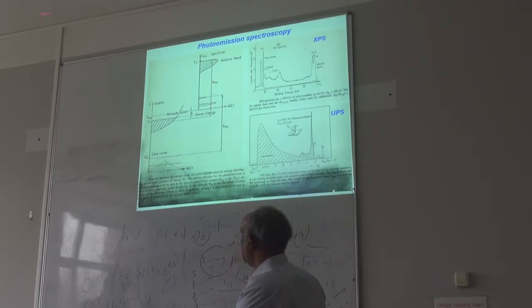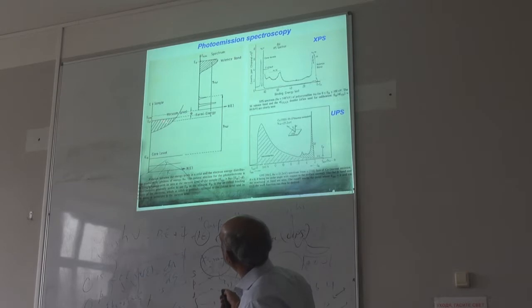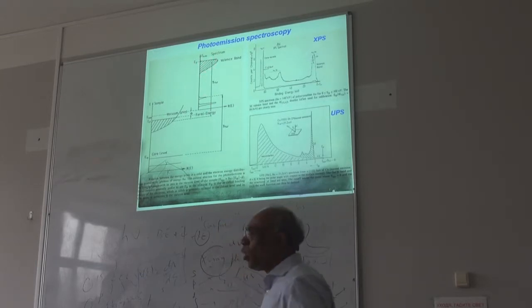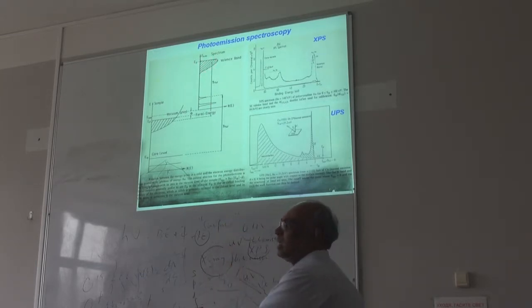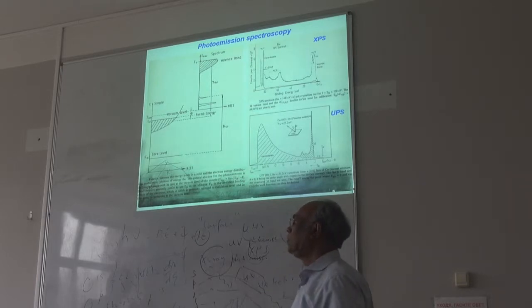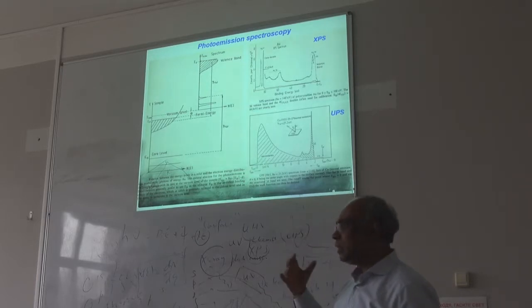This is how it is in the band diagram. You can see this one has the highest energy, right? The Fermi energy. That energy will be transferred to the kinetic energy, so it is higher. This is the lower one, so you can see it like this. You can probe the valence band using the UPS. That's the nice thing about UPS.